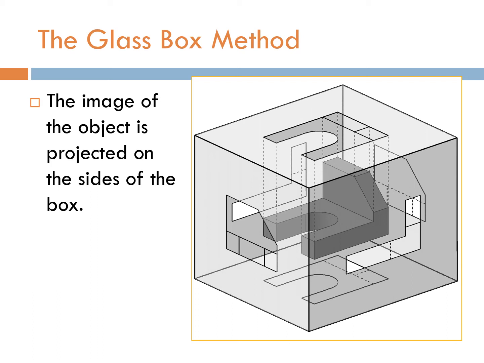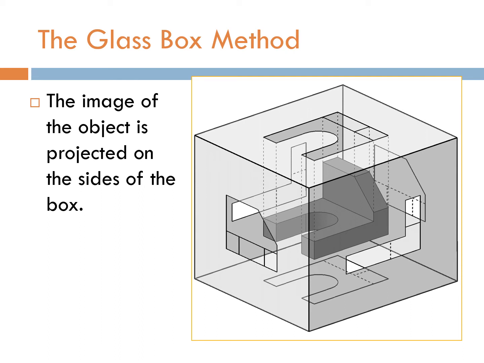That's why when you look at this box over here, some of the lines are solid, some of the lines are dashed. When you make the drawing, we will talk about different kinds of lines later, but one of the first things you're going to learn is that if you can see the line on the object, that line is what we call a visible line.